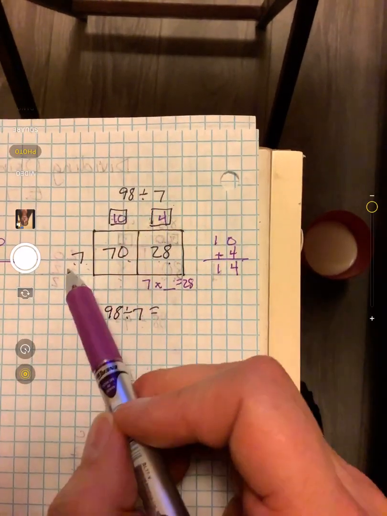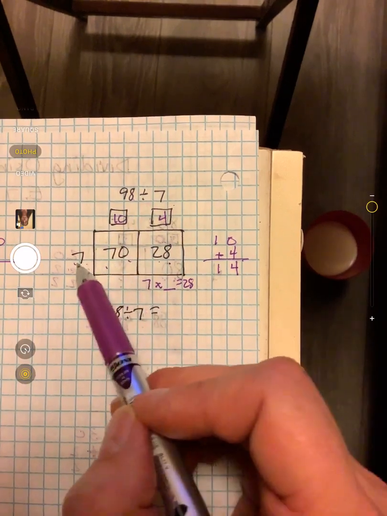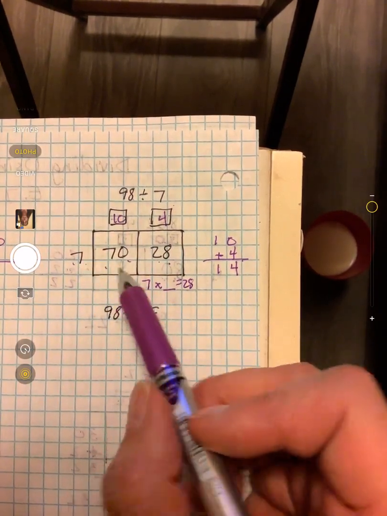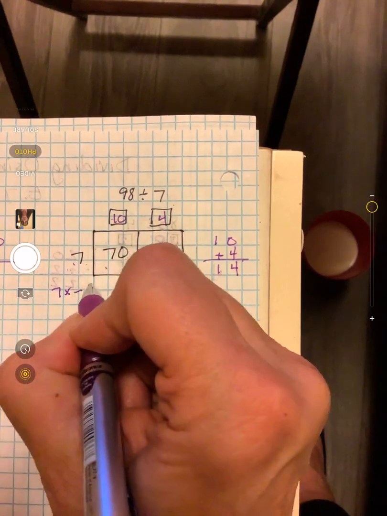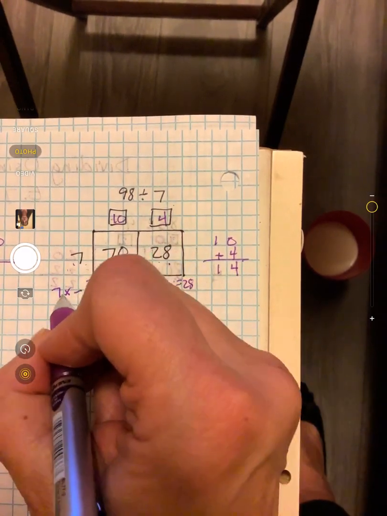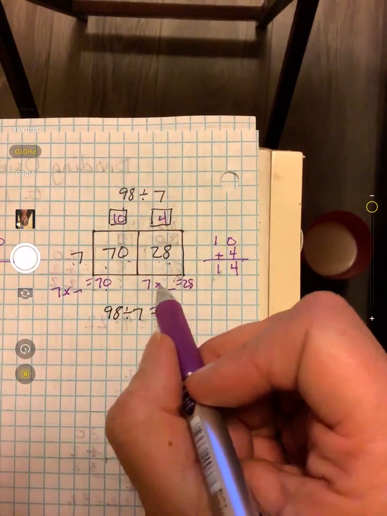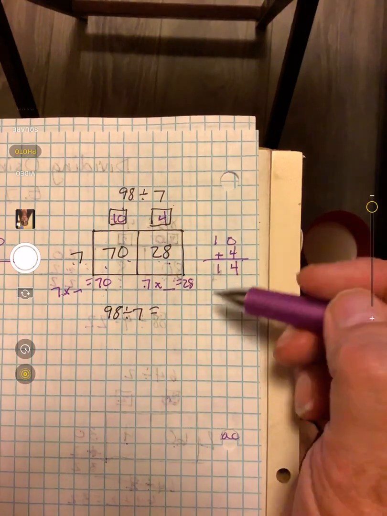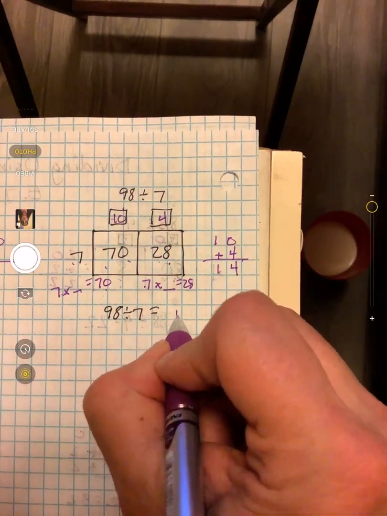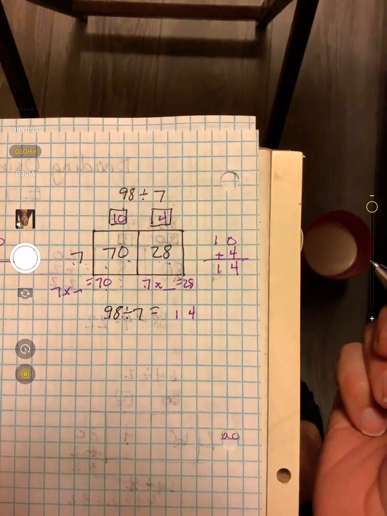So you normally multiplied these to get this number. Now you're dividing these two. Or you can think of it as 7 times blank equals 70. What would you multiply 7 by to get to 70? 10. What would you multiply 7 by to get to 28? 4. And then you just add them. 98 divided by 7 equals 14.